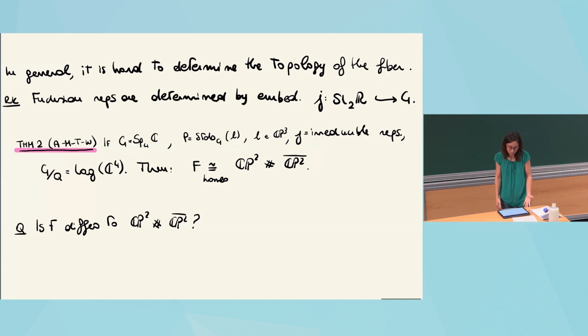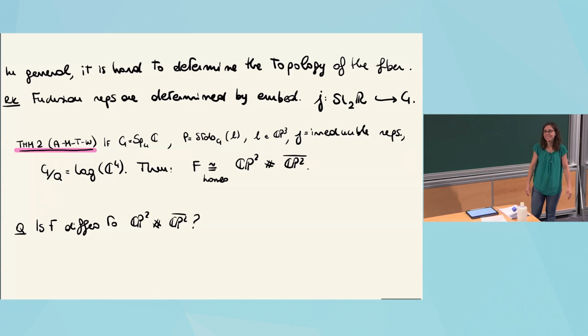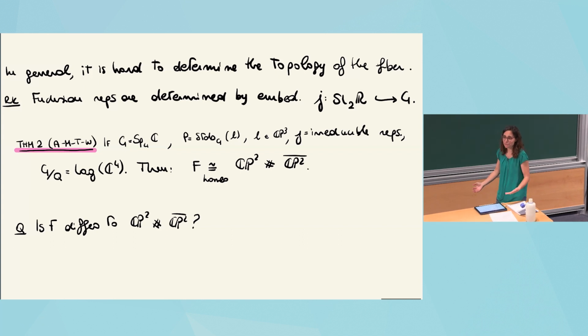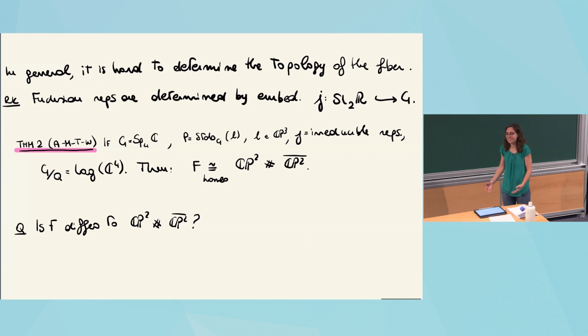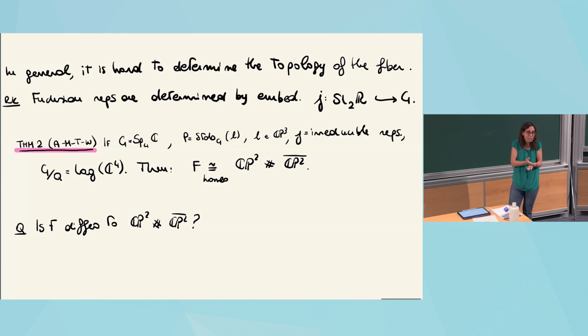I put here a question. I was talking with some friends that do four-manifolds, and they were asking me, is F diffeomorphic to this? And he's like, I don't know, maybe. And so apparently there are no known exotic structures on CP2 connected sum CP2 bar. So I think answering this question would be interesting either way.